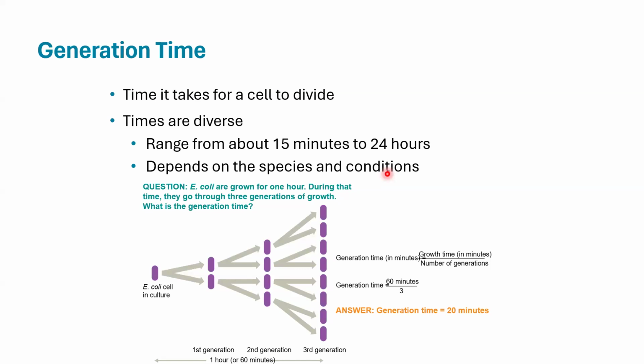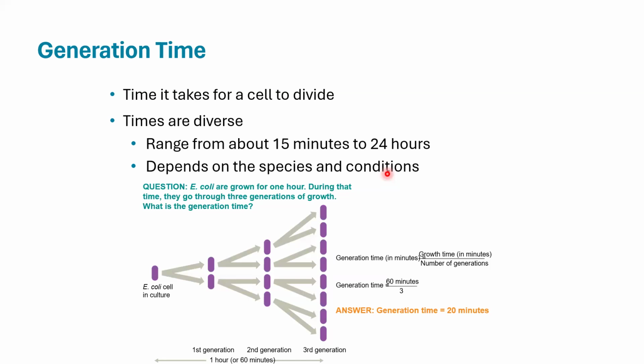And of course, the amount of time that it takes for the cell division to occur is going to be determined not only by the individual species, but by the environmental conditions that they're living in. E. coli is going to divide much faster in a 37 degrees C environment than it is in a 10 degrees C environment. Now, in this example down here, we're showing you how to calculate generation time.